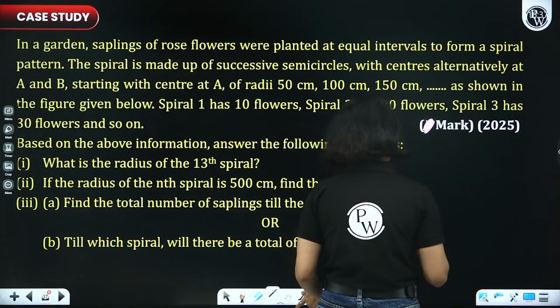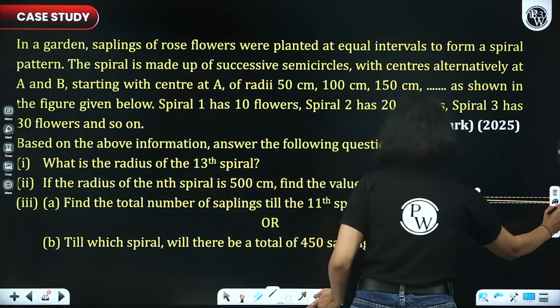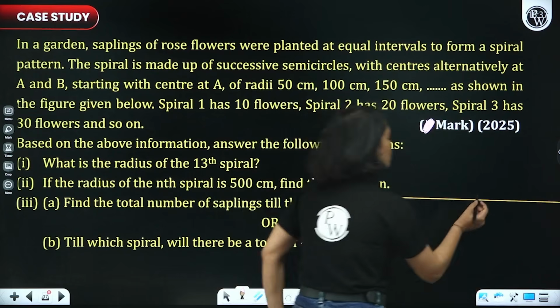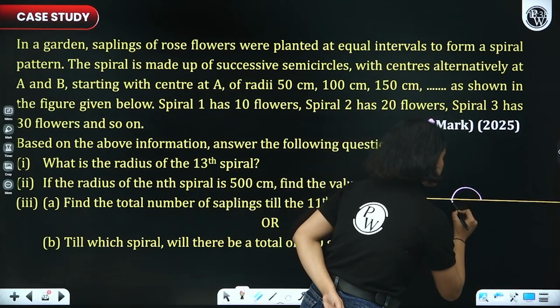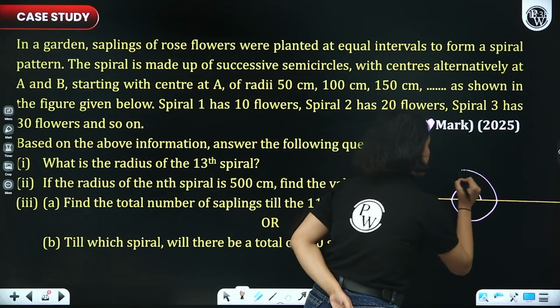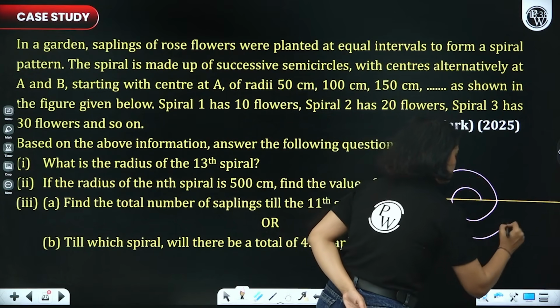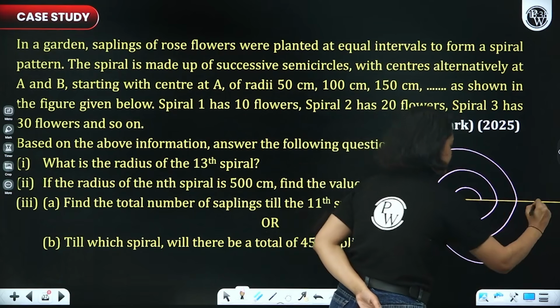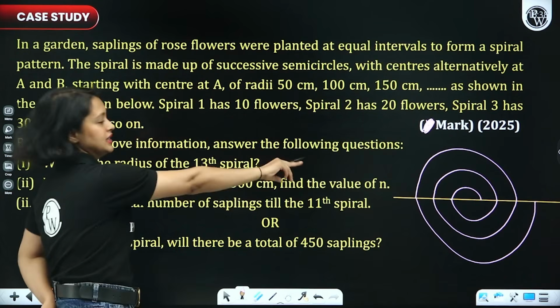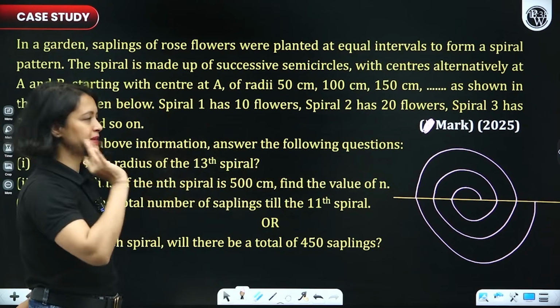Spiral patterns look something like this, and these spirals are made by semicircles like this. Okay, cool, this is our spiral made by semicircles.